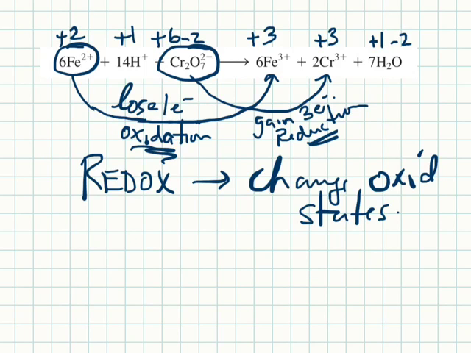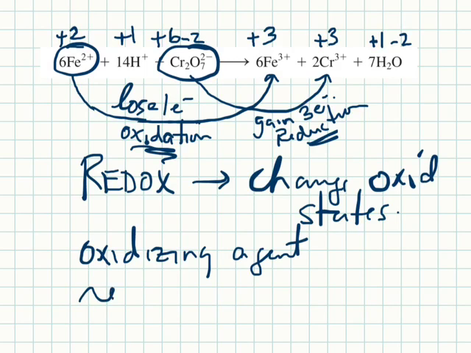Now, we're going to learn in class a couple new terms, the oxidizing agent and the reducing agent. The oxidizing agent is the substance which causes, that's why it's called an agent, it causes something else to be oxidized.